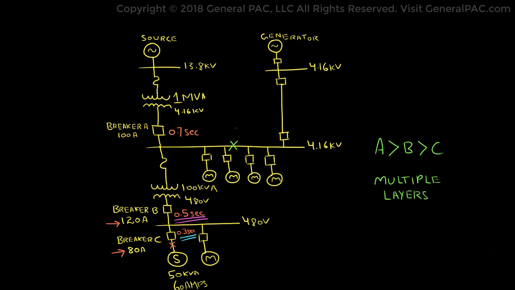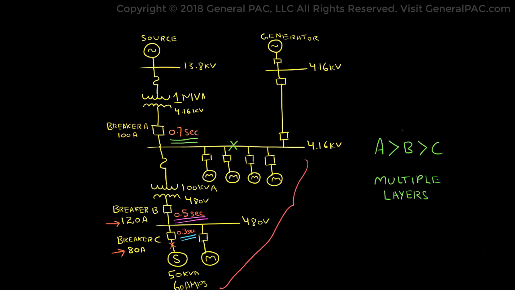We should expect the highest layer of protection to have the most delay. This is true in our case as well because Breaker A will wait 0.70 seconds before tripping for the high fault current. If the fault current is high enough, it could result in possible damage to the 4.16 kV bus, and a power blackout could occur, disrupting power to the other loads downstream of the bus.